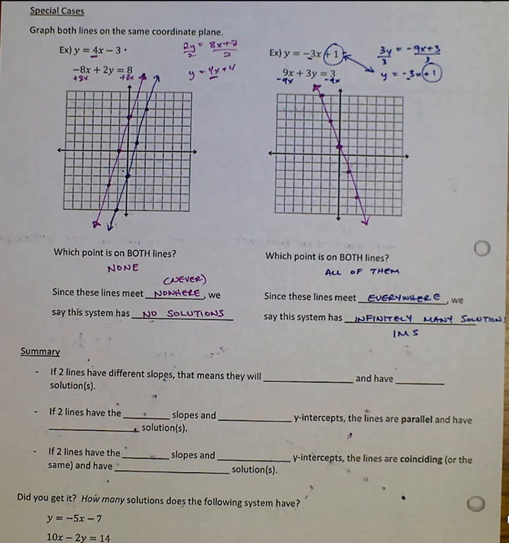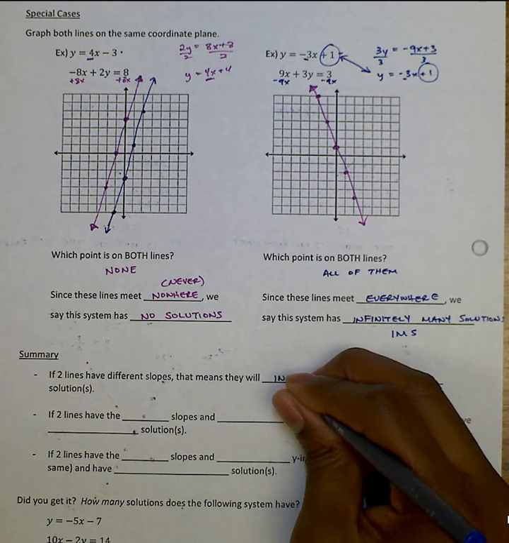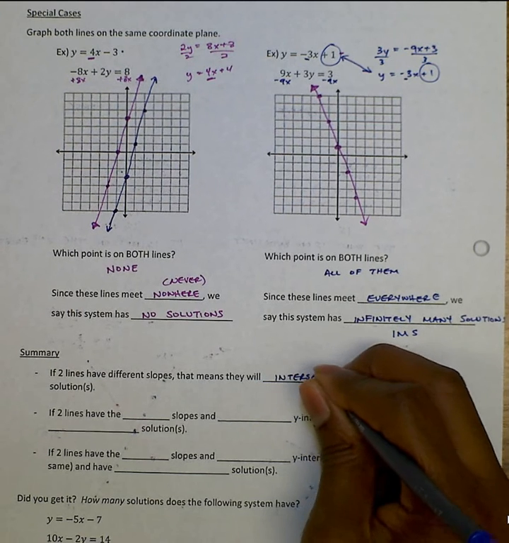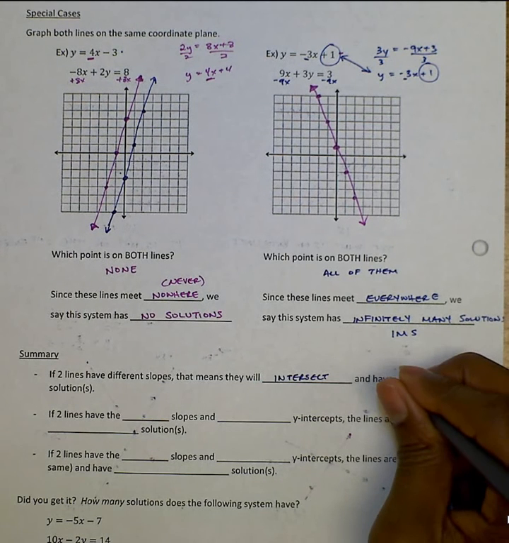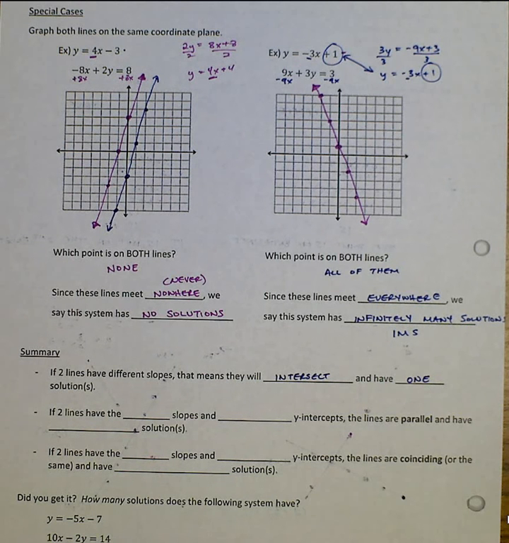Okay, so here's a summary. If two lines have different slopes, that means they will intersect and have one solution. So we saw on the front side, where they intersect, they have one solution.